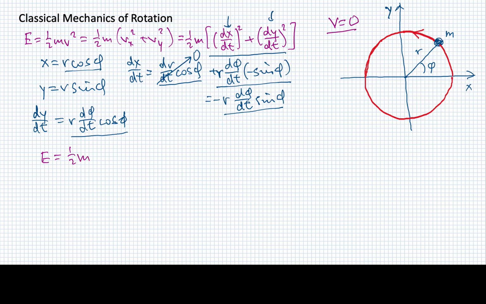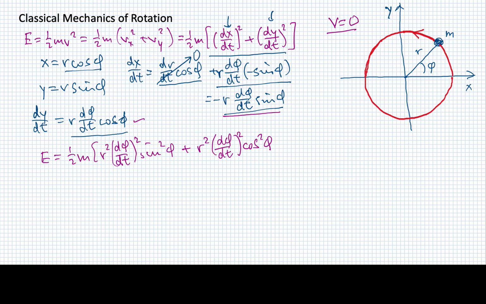I'll have 1/2 m times this quantity squared, which will give me r squared d phi/dt squared times sine squared of phi.